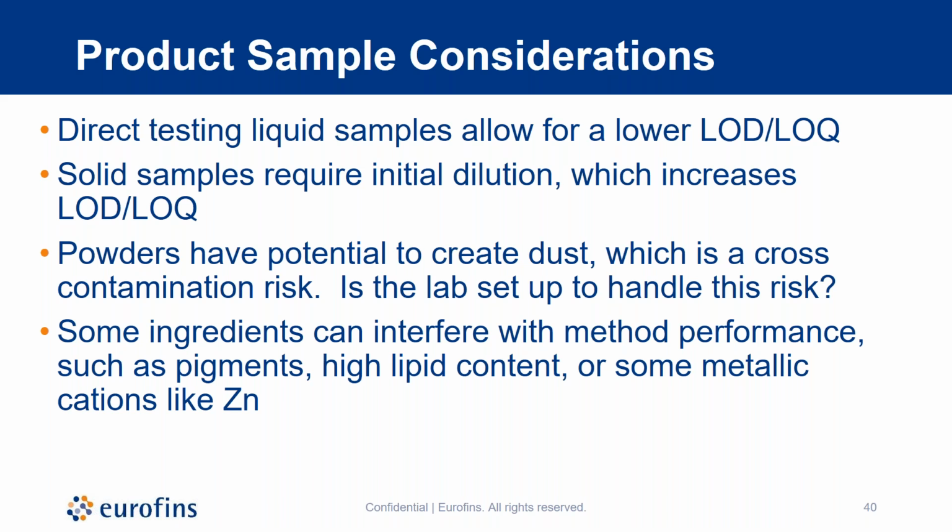Powders have the potential to create dust, which is a contamination risk for the laboratory. And you should ask your laboratory what kinds of controls they have during sample manipulation to prevent aerosolization of powders into the facility. And then, as David said, some ingredients contain inhibitors for the particular biochemistries that might be used for detection.